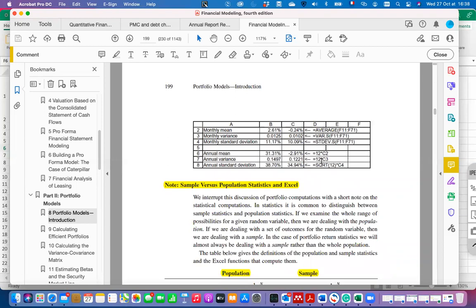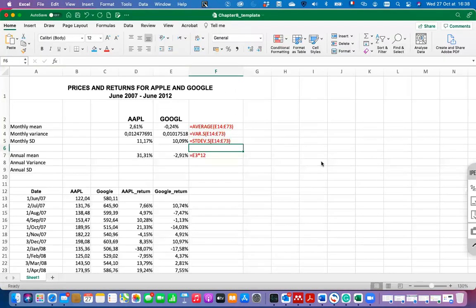Now for the annual variance, same thing, you have to multiply by 12, but for the annual standard deviation, you have to multiply by the square root of 12. So we have to pay attention to this particular point, because the standard deviation is nothing but the square root of the variance, right? So to get the annual variance, you multiply by 12, which means that when you move from variance to standard deviation, you have to apply the square root.